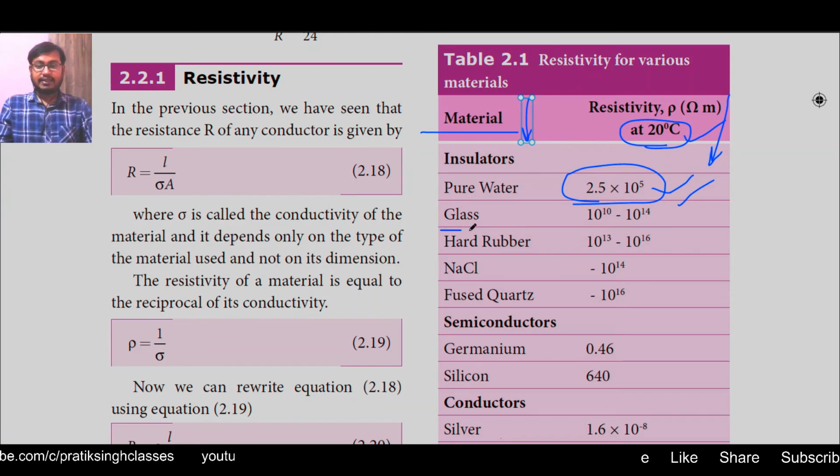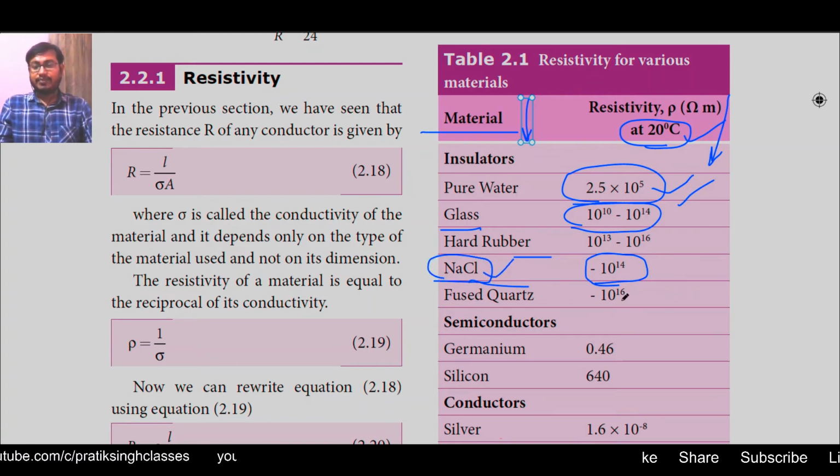Then glass is 10 to the power 10 to 10 to the power 14 ohm meter. Then hard rubber and sodium chloride, 10 to the power 14. See, sodium chloride in its solid form is a bad conductor of electricity, but if it is dissolved in water, it becomes a good conductor, because in that situation sodium chloride dissociates into Na plus and Cl minus, and because of that a huge amount of charges are available.